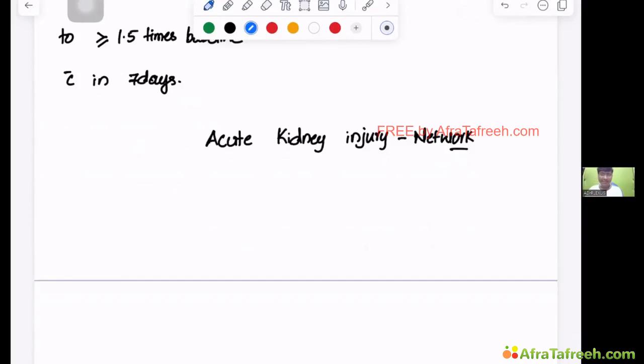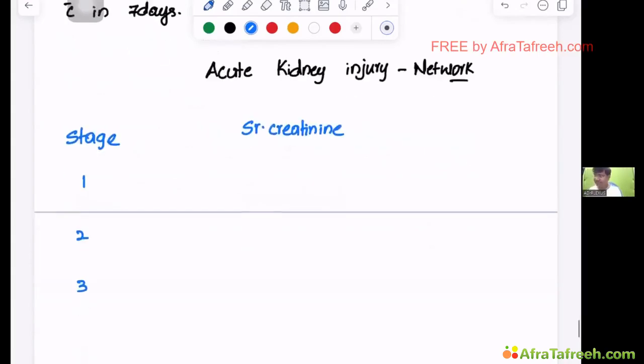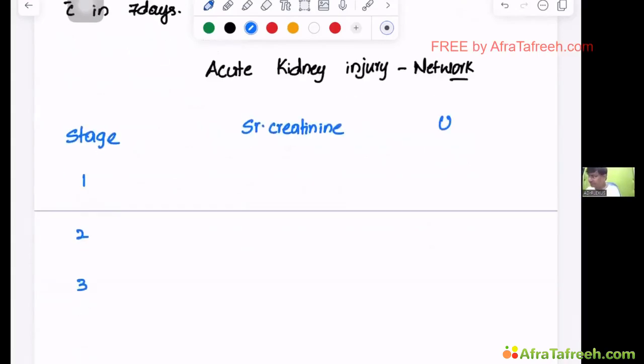And what are the parameters taken into consideration? We have 3 stages: 1, 2, and 3. Then serum creatinine concentration has been taken into the staging criteria. Then the quantity of the urine output is also taken into consideration in the staging.